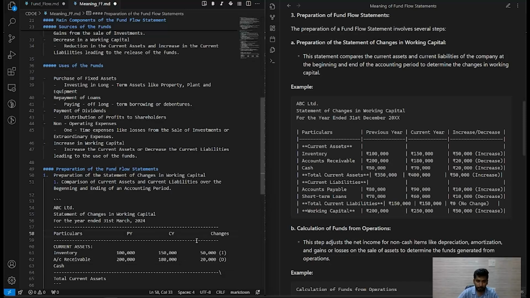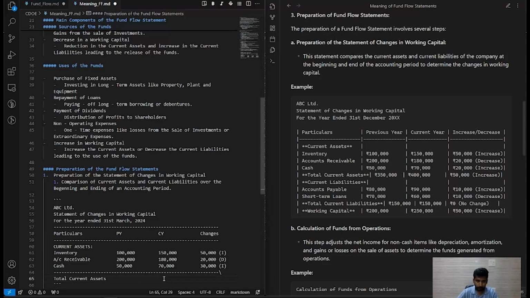Then we shall talk about cash. The cash in the previous year was rupees 50,000. However, the cash in the current year is rupees 70,000. That means there is an increase of 30,000. Favorable.